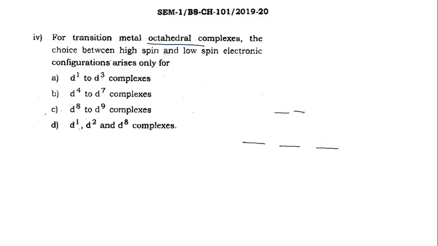This is our T2g level, and this is the eg level, in an octahedral field. Now see 1, 2, 3: there is no other choice other than high spin. So high spin is the only choice.